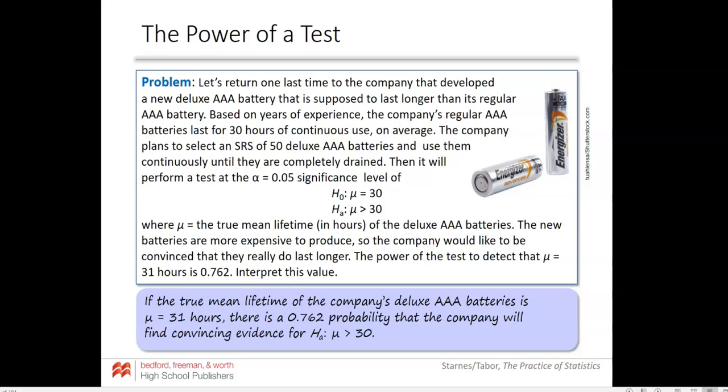If we rejected the null, we're saying the alternate is true. So if the alternate is true, the true mean is 31 hours. There is a 76.2% probability the company will find convincing evidence for the alternate. So if the true mean is the alternate, there's a 76.2% chance that the company will find convincing evidence for the alternate, that the mean is greater than 30.